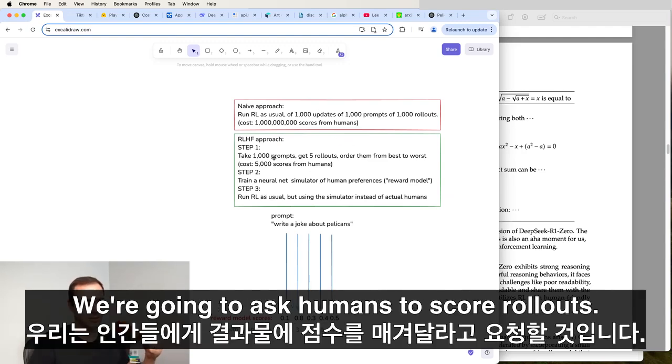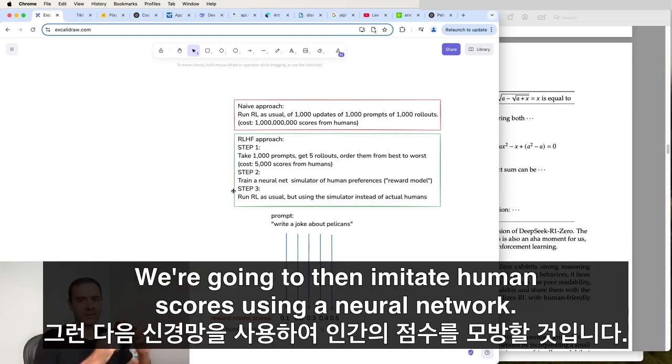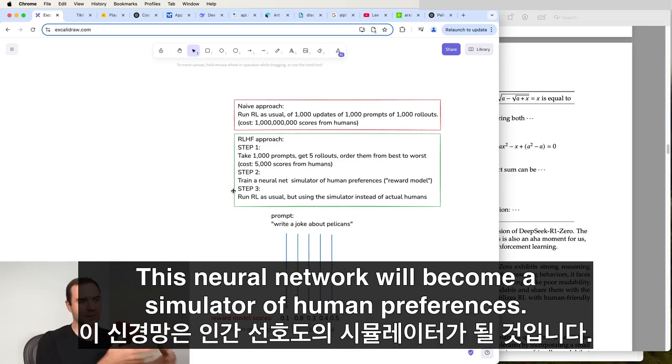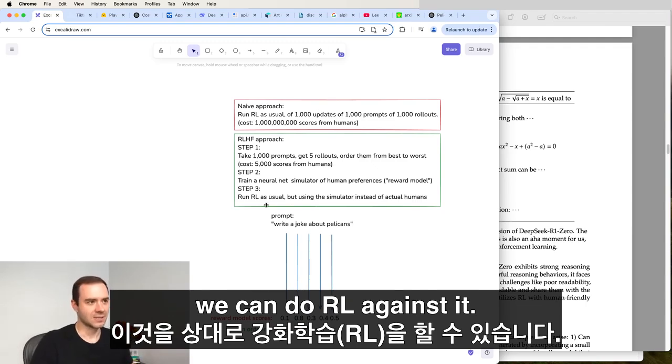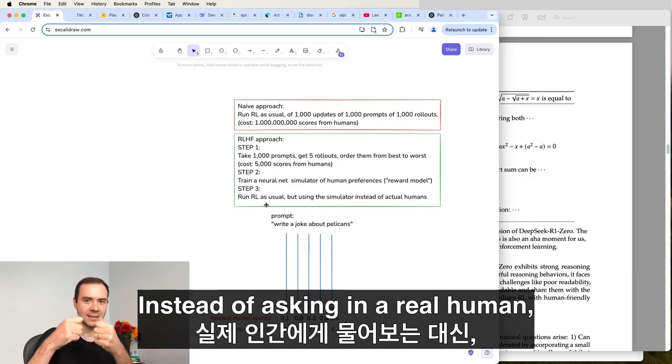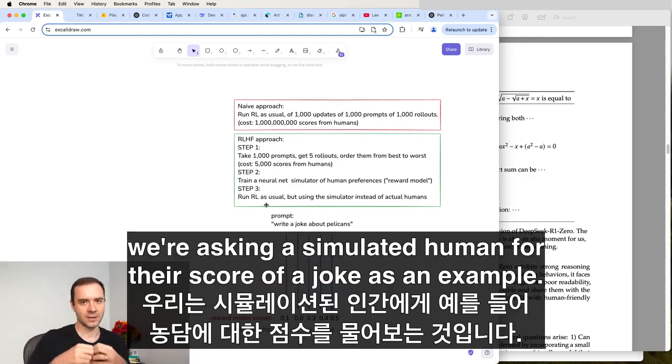So we're going to ask humans to score rollouts. We're going to then imitate human scores using a neural network. And this neural network will become a kind of simulator of human preferences. And now that we have a neural network simulator, we can do RL against it. So instead of asking a real human, we're asking a simulated human for their score of a joke, as an example.